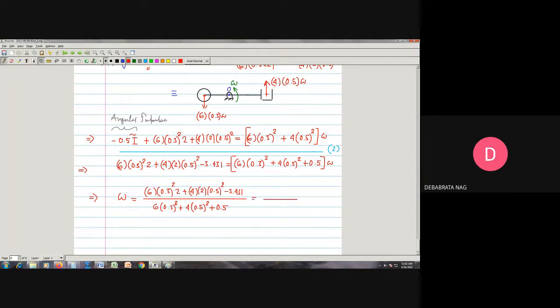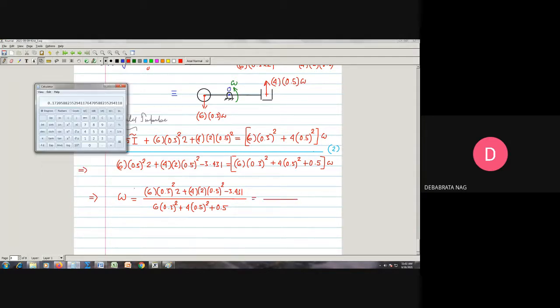So if you check this sum, 6 into 0.3 square into 2 plus 4 into 2 into 0.5 square minus 3.431, the result is minus 0.351.